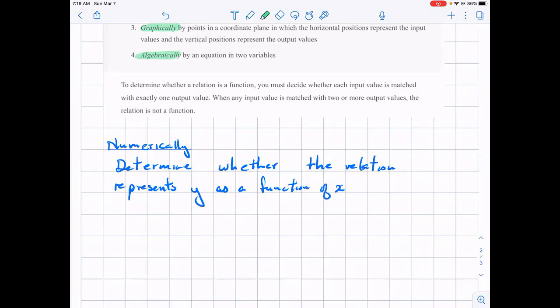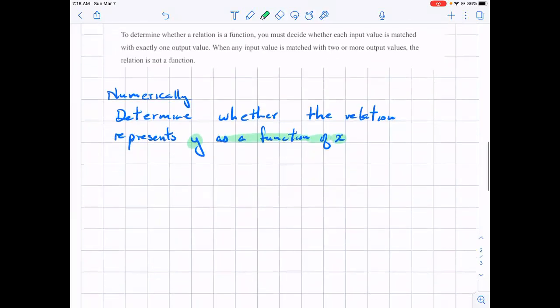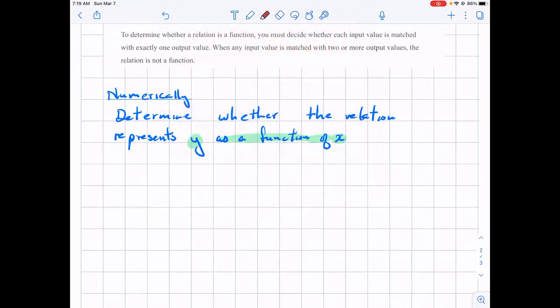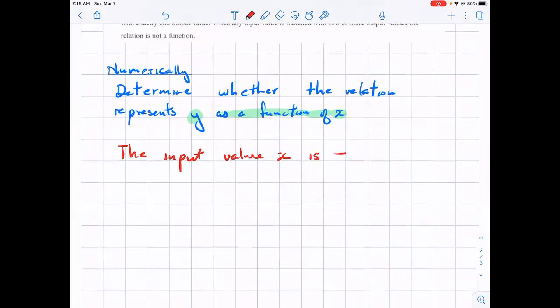And be very careful, we're looking at y as a function of x, okay? So what does that mean? It means that the input value x is the number of representatives.